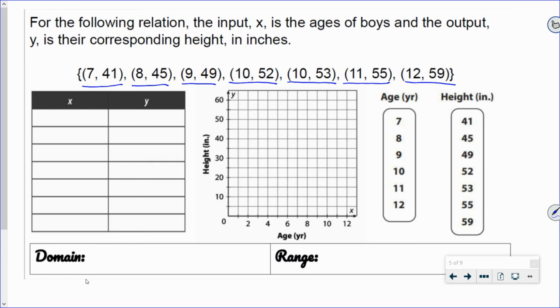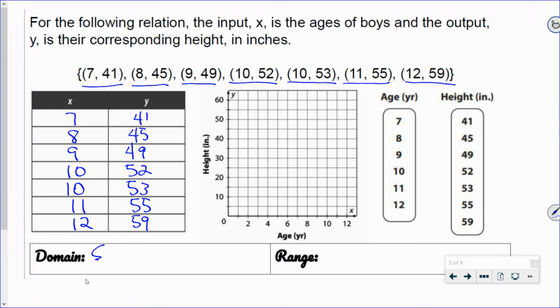So if I put that same relation in a table, the table would look like this: 7 and 41, 8 and 45, 9 and 49, 10 and 52, 10 and 53, 11 and 55, and 12 and 59. What's my domain?